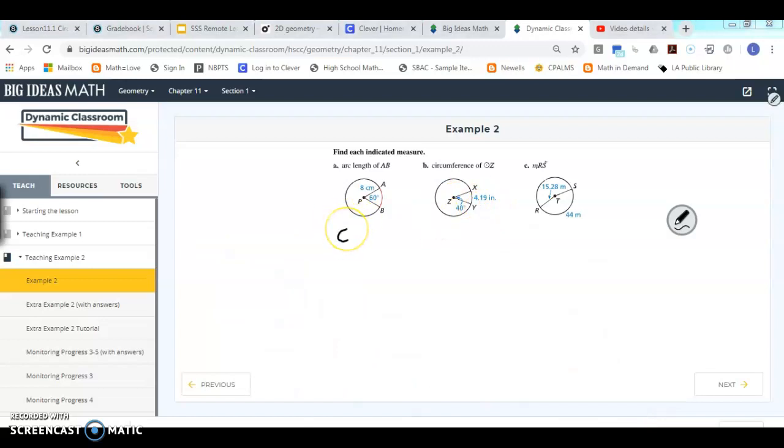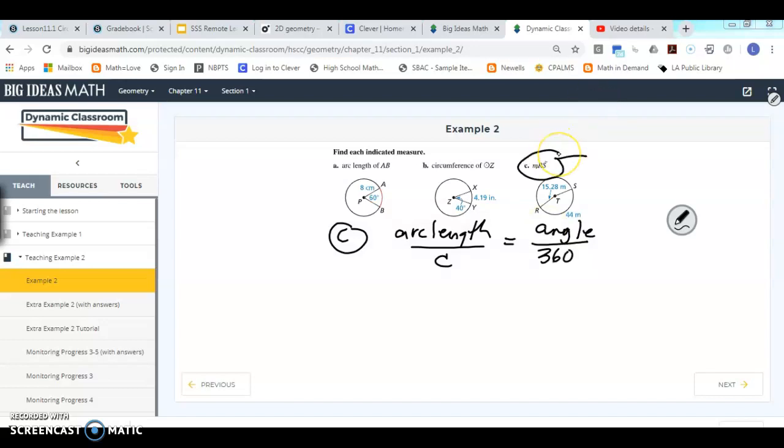Okay, now for letter C, let's write down a formula. So arc length over C is equal to angle over 360. Now, what are they looking for here? They're looking for a minor arc, right? But we know that a minor arc actually has the same measure as the central angle.